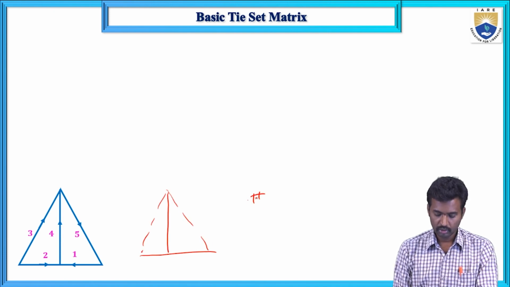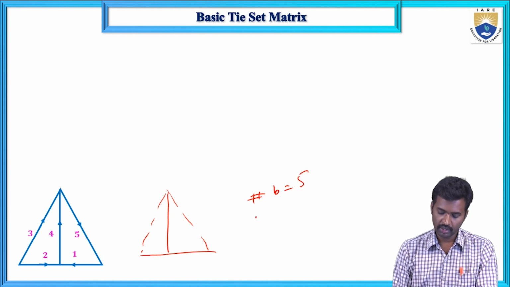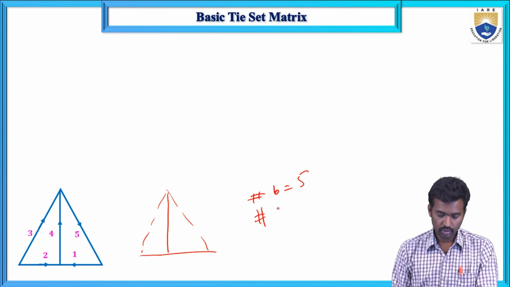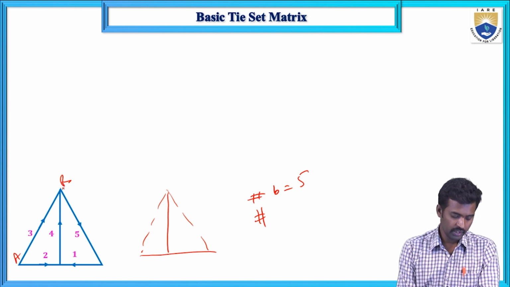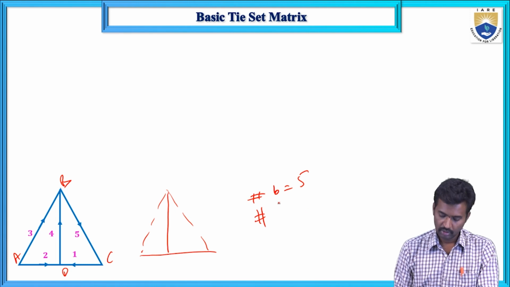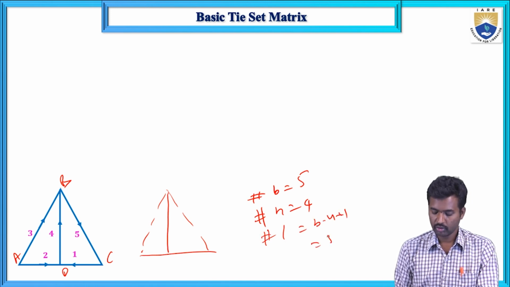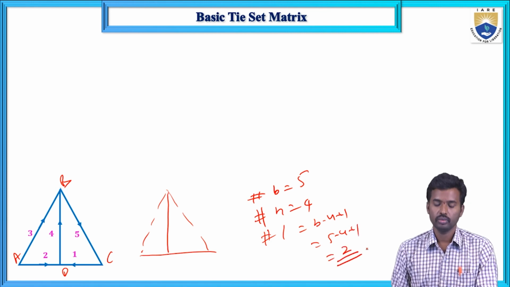Let me check the formula: the number of branches is total 5, and the nodes are A, B, C and D, so total 4. So the total number of links equals B minus n plus 1, that equals 5 minus 4 plus 1 equals 2.